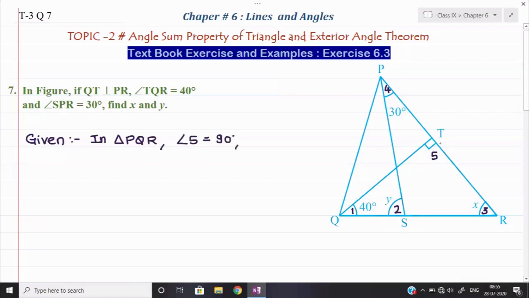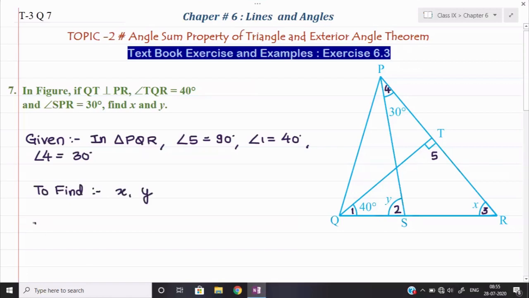Go from point T, come to Q and then go to R. You will observe angle 1 is given as 40 degrees. And third one is angle SPR, which is angle number 4. So angle number 4 is equal to 30 degrees. We need to find the values of x and y, so in the to-find section, we shall write x and y.